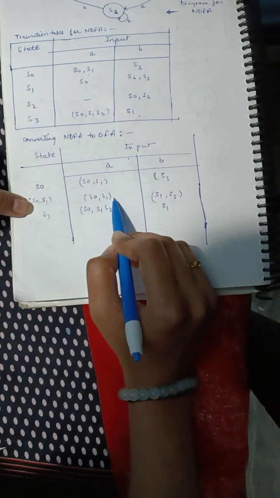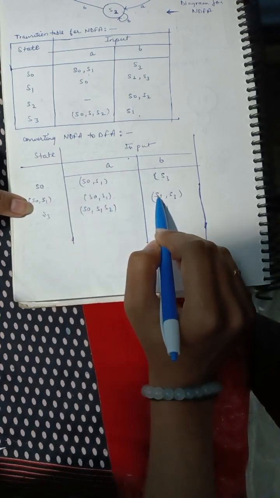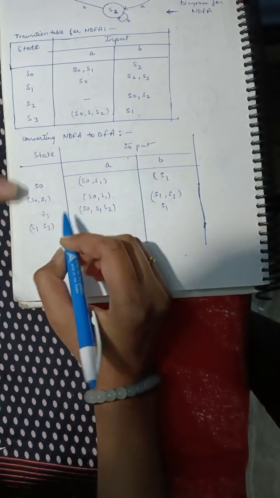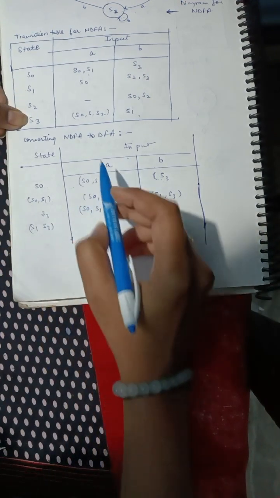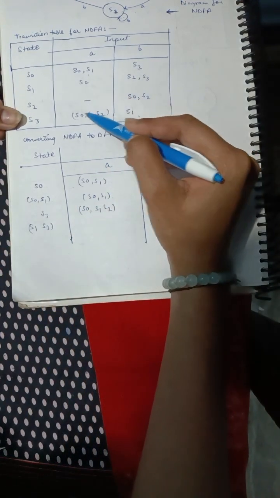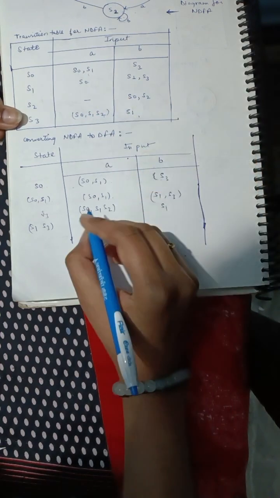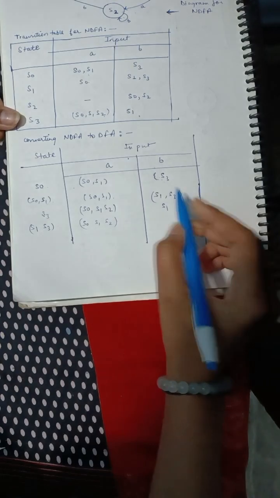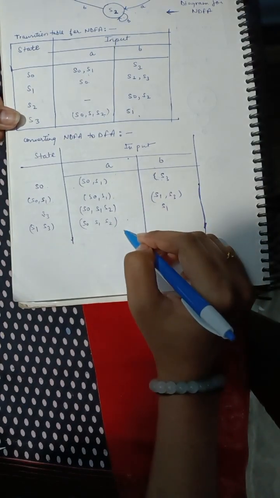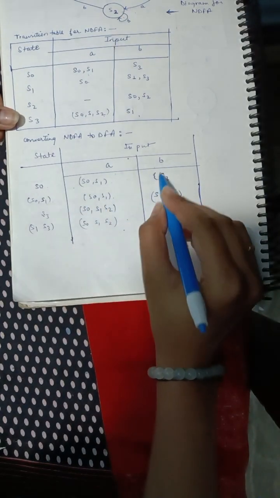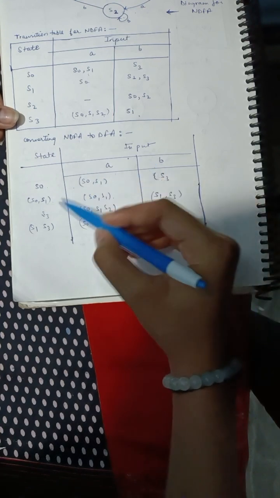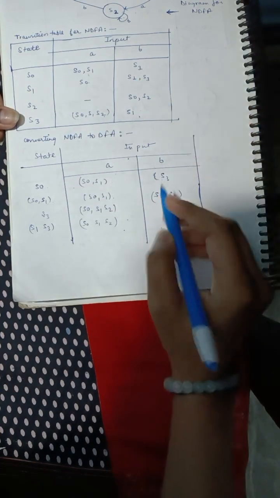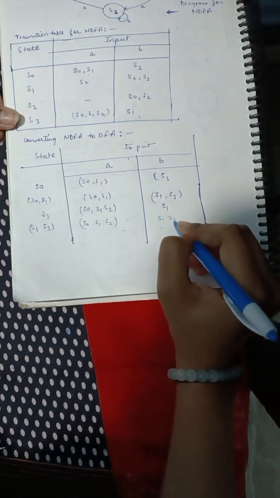Then it is S0 comma S1, it is written. Then it is S1 comma S3. So here the state will be S1 comma S3. So for S1 comma S3 the value at A will be S0 S0 S1 S2, means S0 S1 S2. S0 S1 S2 is the input value at A. Next for B the value will be, for S0 and S3 the value will be S1 S3 S1, means S1 and S3 itself.